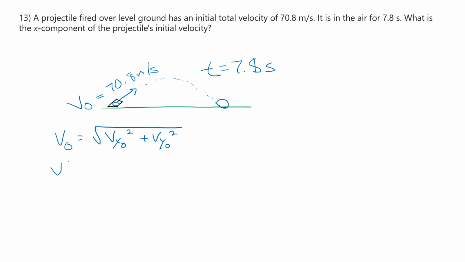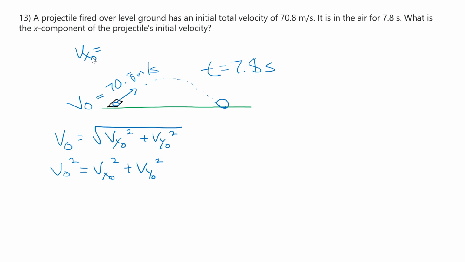Or you could think of it as v naught squared is equal to v sub x squared plus v sub y squared. And this is in your notes. That's why we write all this stuff down. When you go home and you go to do your homework, you're supposed to just look in your notes and try to find an equation that works. What do we need to know? We need to know v sub x, the initial x velocity.